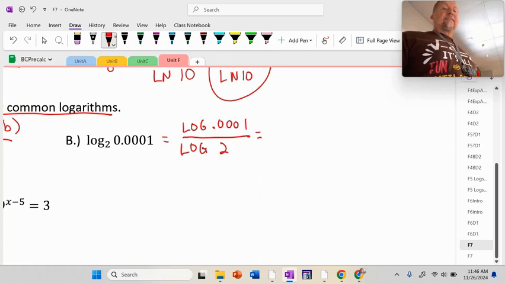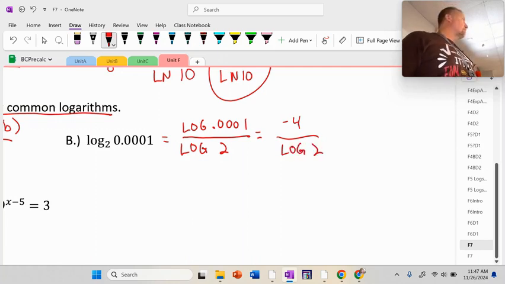Okay, so read this. This is 1. What position is that? Ten-thousandths. Okay, 1 over 10,000. How many zeros are in 10,000? 4. So it's negative 4, over log base 10 of 2, which I'm not going to write.